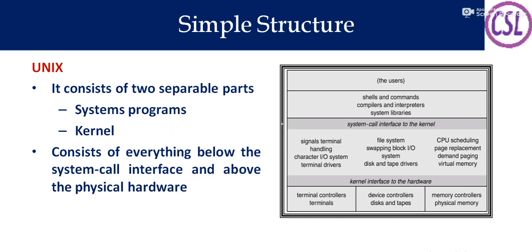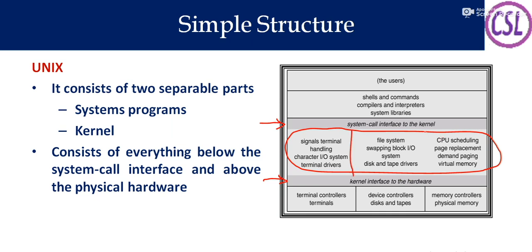This is the system call interface, and the kernel interfaces to the hardware. In between, this section is the exact functionality of the Unix operating system. If you observe, all the functionalities are kept in a single block. There are so many functionalities, all kept in a single block, and there is a division.